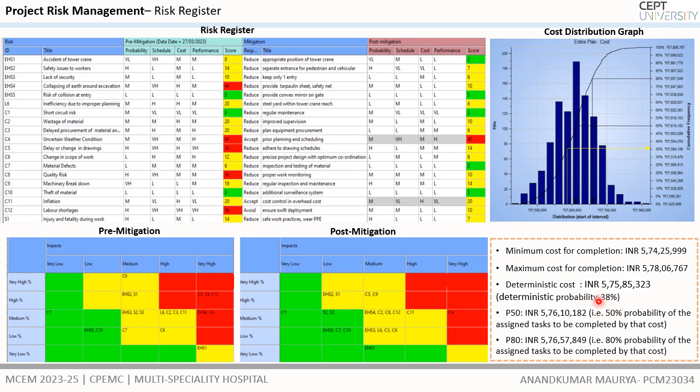It is showing 5 crore 75 lakh cost for the 38% occurrence of the risk at the current stage.